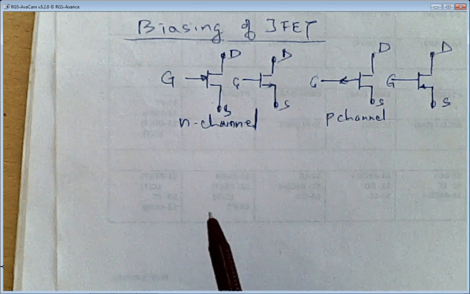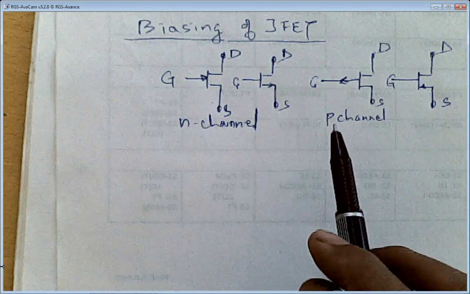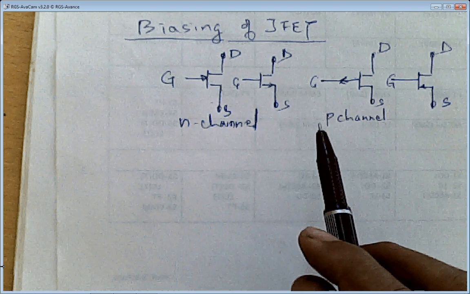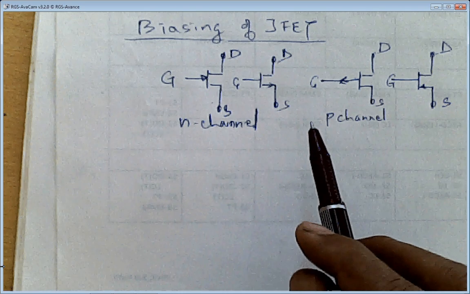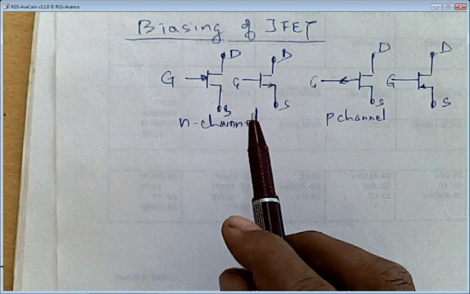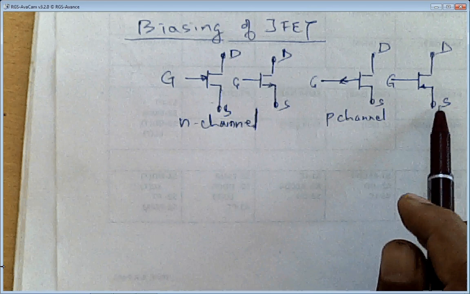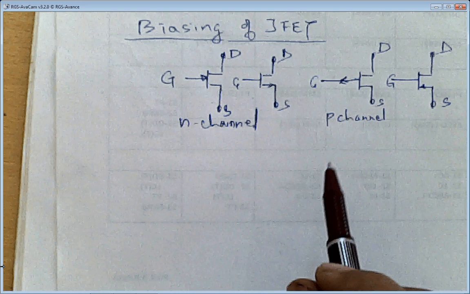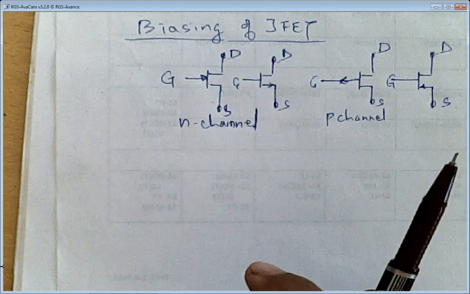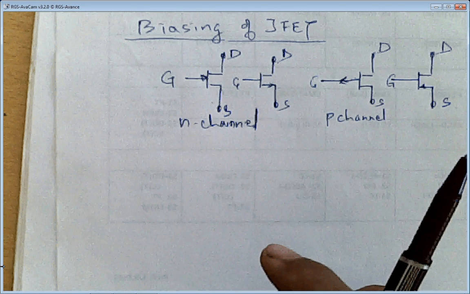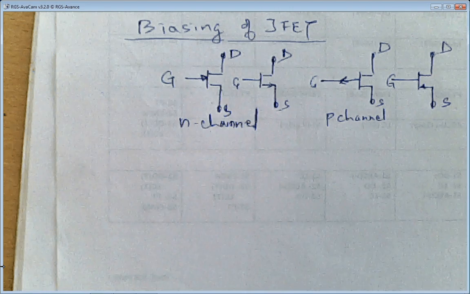Always remember, in JFET or MOSFET, E-type or D-type MOSFETs, your drain is always shown at the top. Remember, in some cases it is shown at the bottom, whenever you are doing some complementary biasing. That time it will be necessary, and I'll talk about it then.